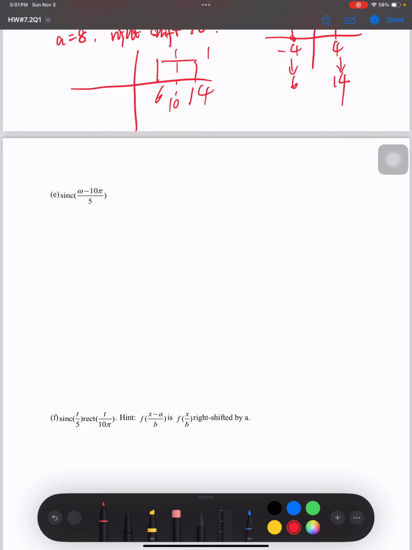We can know the cross points of the sinc function, which is something like this. And this is 0, which here corresponds to the 10 pi.